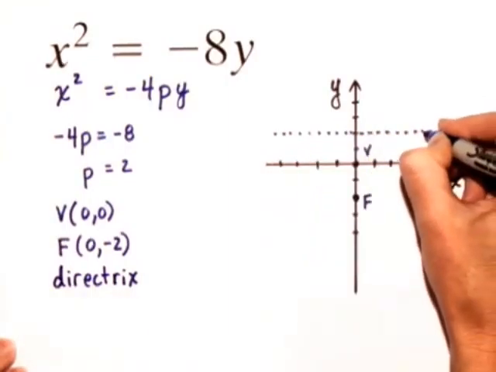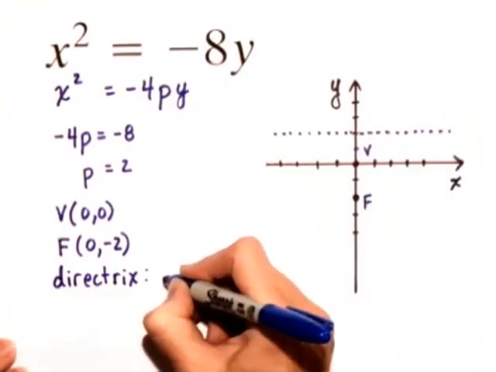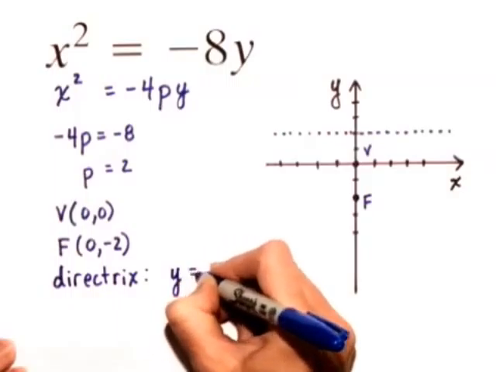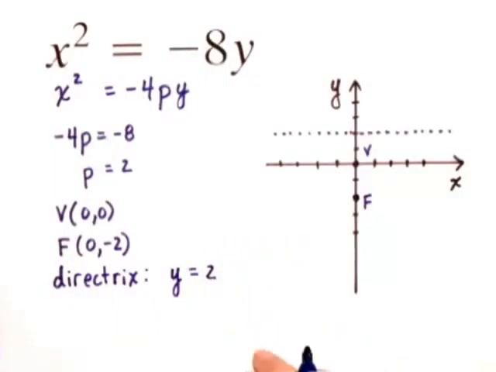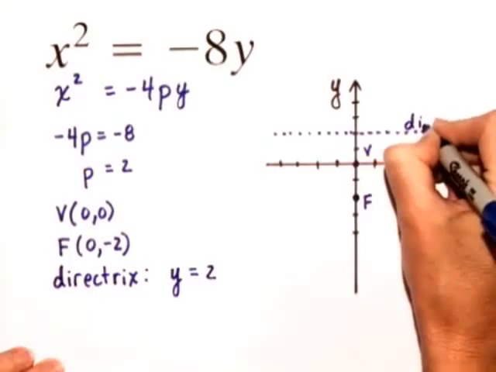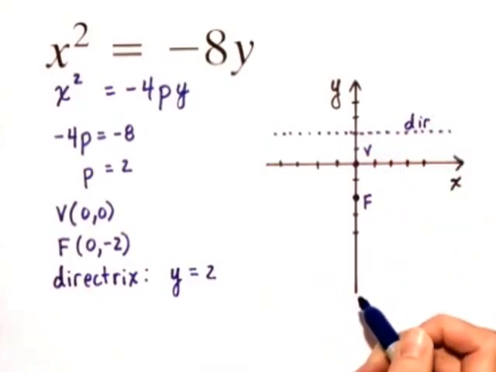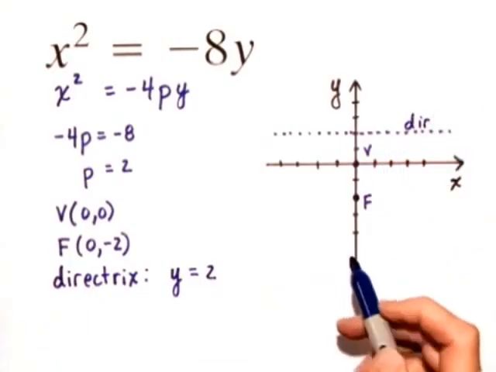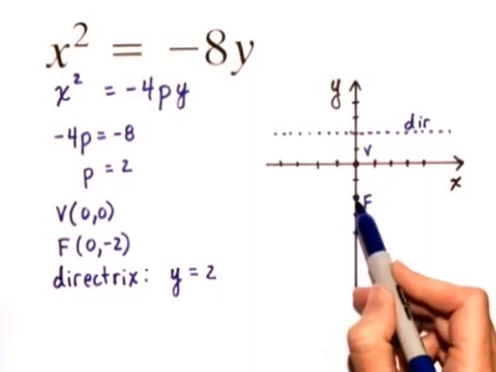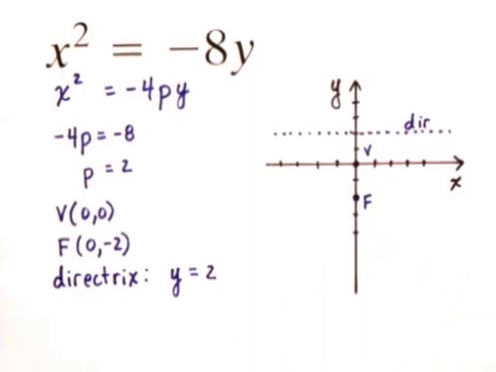So this is the line that's the directrix, and it's the horizontal line y equals positive 2. Now, the parabola always opens up in such a way that the focus is on the inside of the parabola. So we need to now go about graphing this parabola.